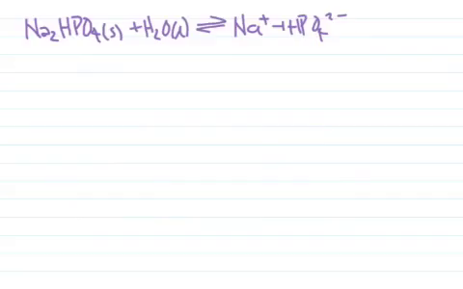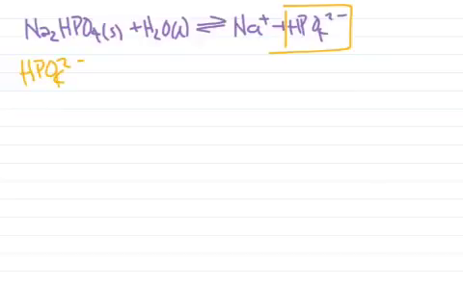Alright, so let's get Na2HPO4 plus water forms sodium plus HPO4 2 minus. Now I'm going to be looking at this reaction, HPO4 2 minus. So the first thing I'm going to do is make it into an acid, and then I'm going to make it into a weak base. So here we go. I have HPO4 2 minus plus water.